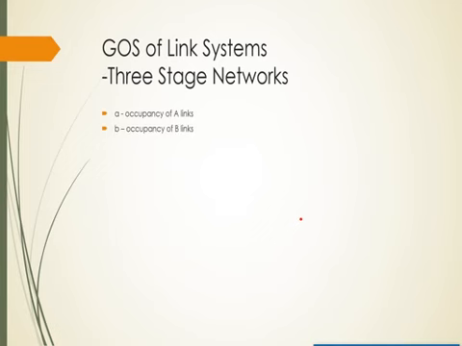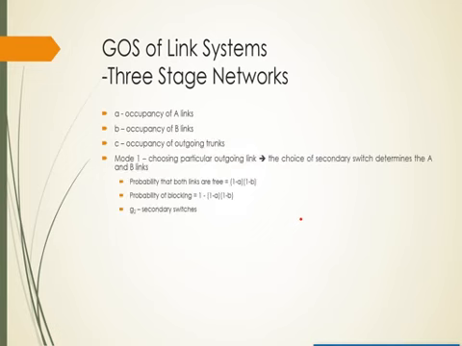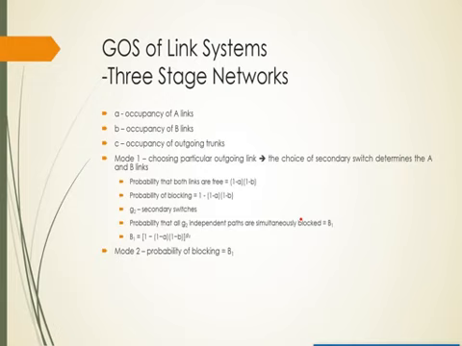Now for mode 2, the probability of blocking, that is B1 in mode 1, what is the specification in mode 2? We can use any of the links, but we have to go for one specific outgoing trunk.